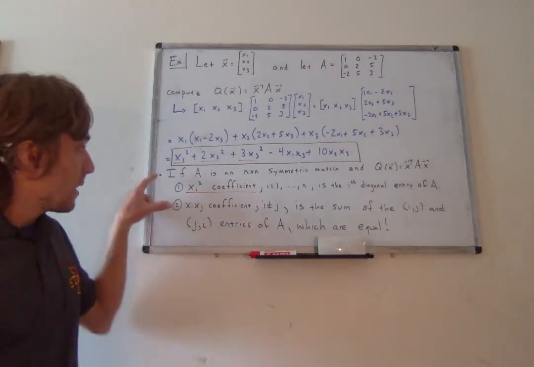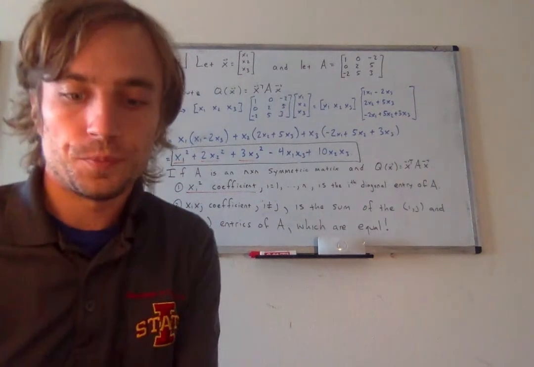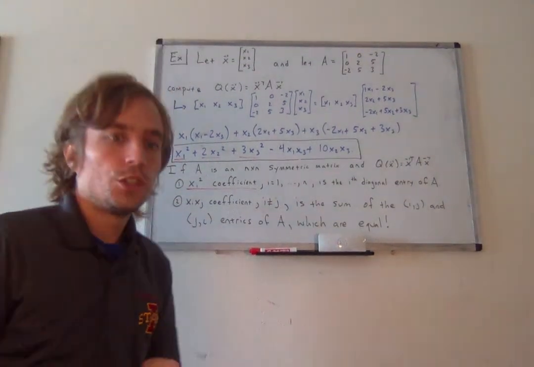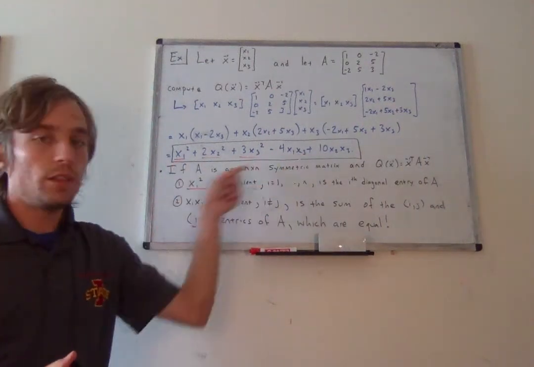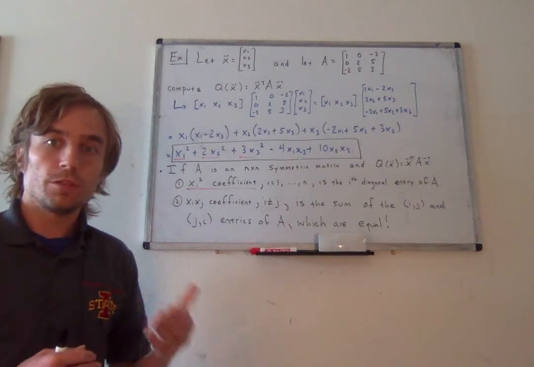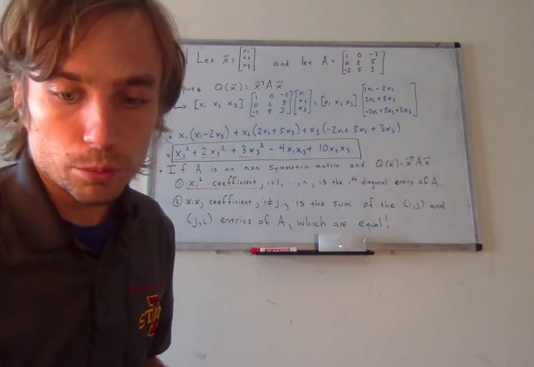So knowing this now, we also have the power to work backwards: if given the expanded quadratic form first, we can calculate the matrix for the quadratic form.